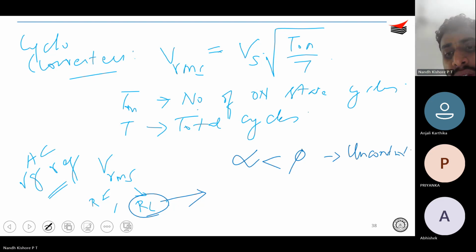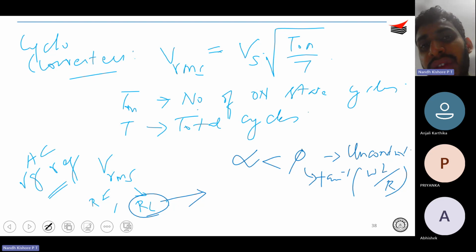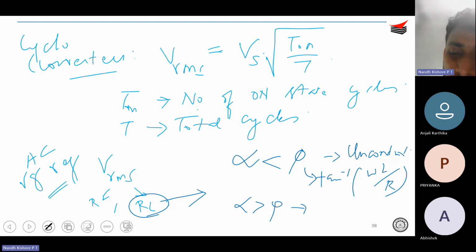Okay. Well, what is phi? Your phi is basically tan inverse omega L over R. Okay. At a particular value of phi, if your alpha or the firing angle is less than that phi itself, then you see that the converter becomes uncontrollable. You just need to know the angle. And if your alpha is more than phi, you will see that it is controllable.